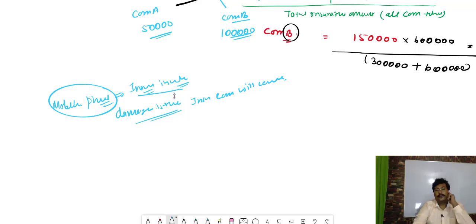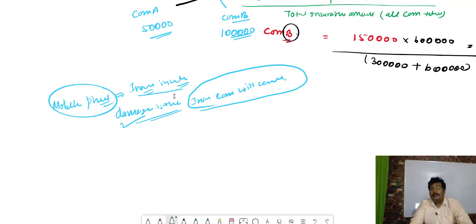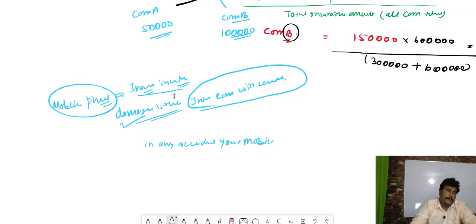As per the insurance contract, if any damage is there, who will pay? The insurance company will pay. Now damage can be natural and can be accidental also. Like in any accident, your mobile is damaged. So the insurance company will pay for this.